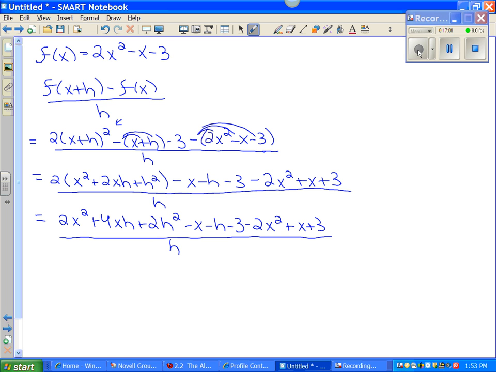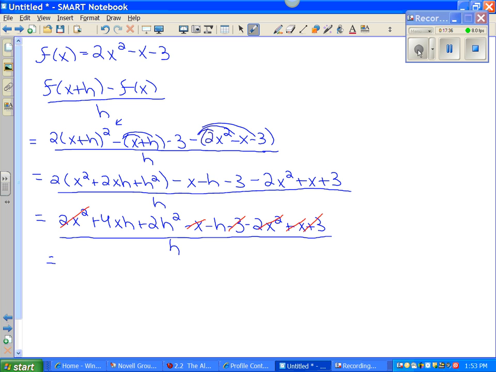So all I did was distribute through that first 2. Now we combine like terms. I have 2x squared and a negative 2x squared. Those cancel. I have minus x plus x. I have a minus 3 plus 3. And no other like terms.